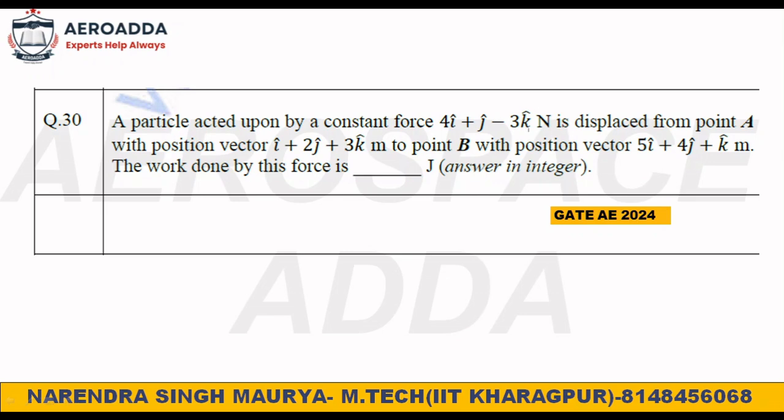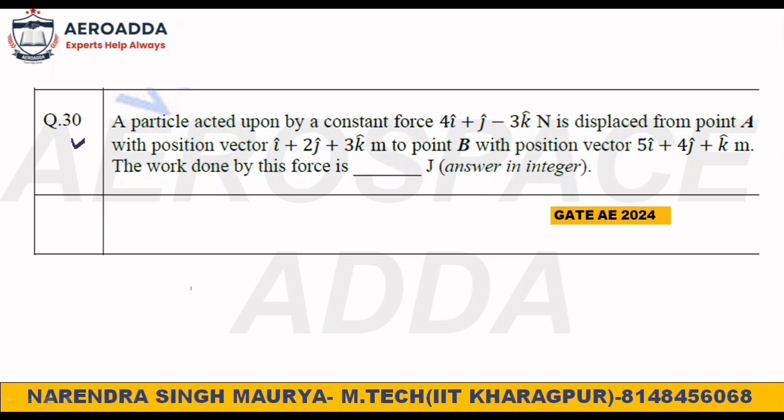Now this is the question from 2024. It is related to vectors, but as you know I had explained the vector part also, related to kinematics. Actually you can call it mathematics also. It's question number 30, so I'm considering it a core question, and it's very easy. See what they said: the particle is acted upon by a constant force.